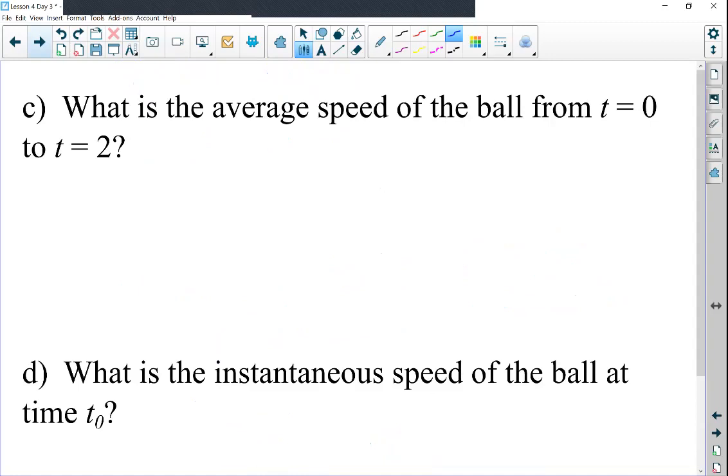What is the average speed of the ball from t equals 0 to t equals 2? So I'm going to write my equation down again, if I can remember it.